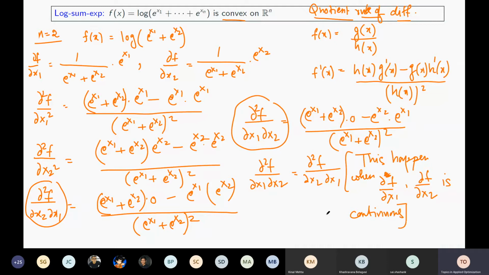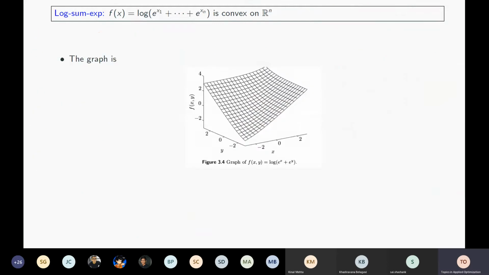That's a result from calculus: when the partial derivatives are continuous, then the mixed partial derivatives are equal. So in other words, this will make the Hessian symmetric.